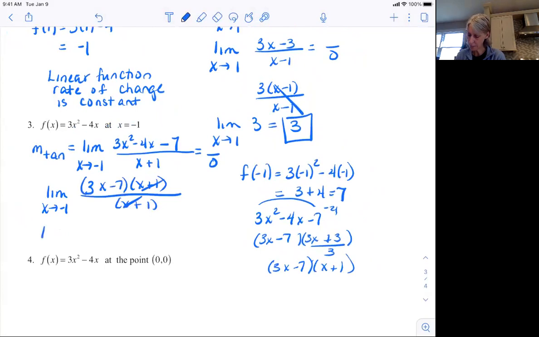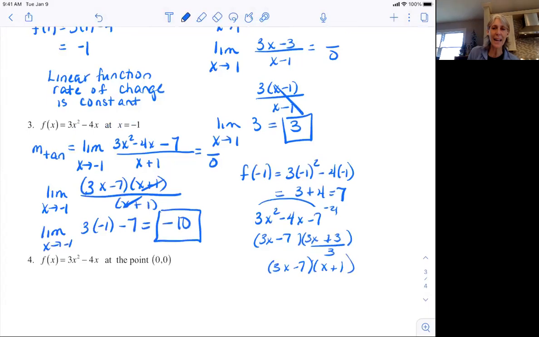Reevaluate the limit. And our answer here is -10. So again, that answer is the slope of the tangent line at that point.